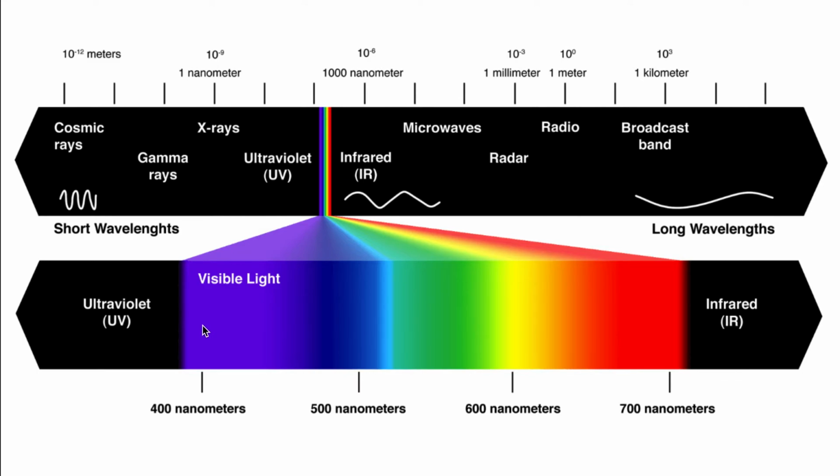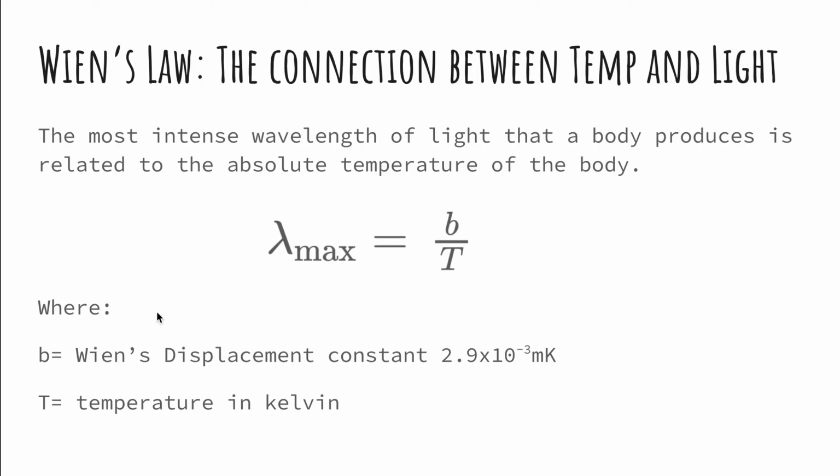If you have a black body and you look up in the night sky and you see a blue star, it's a lot hotter than a red star. Most stars are yellow or orange, or they appear white because they're producing in the middle of the spectrum, which you'll see in a second. That means they're not only producing a single wavelength of light, but they're producing a range of colors. And that range of colors makes that star look white to us because our eyes work that way.